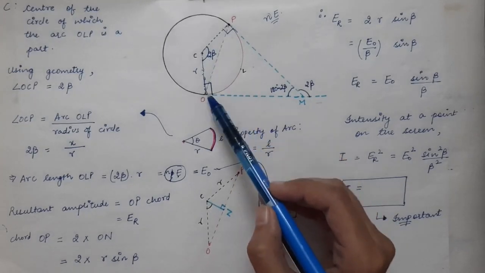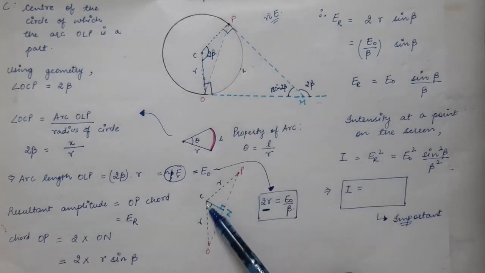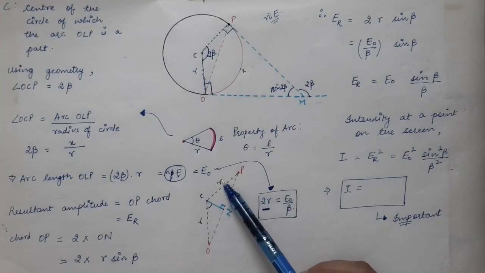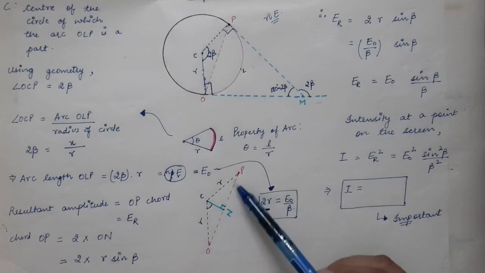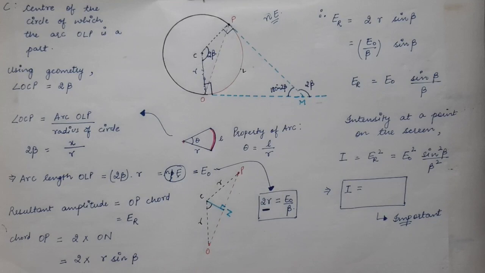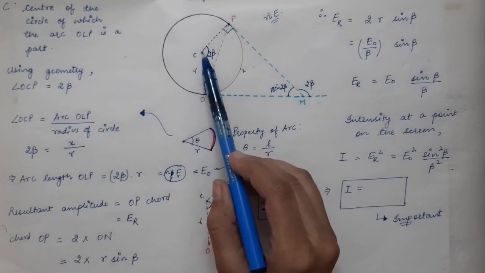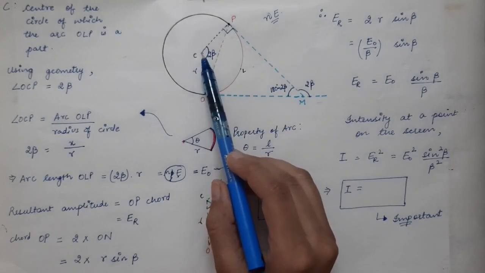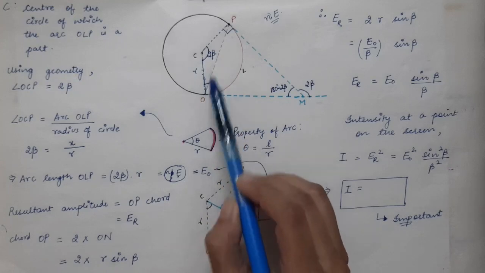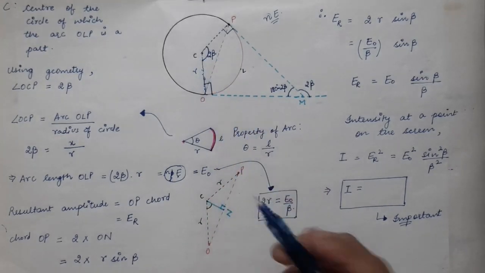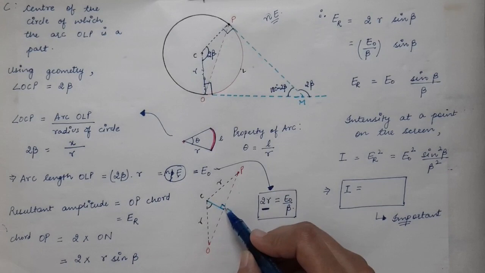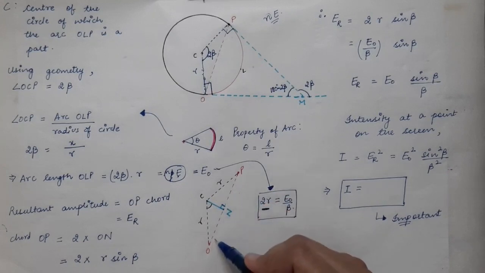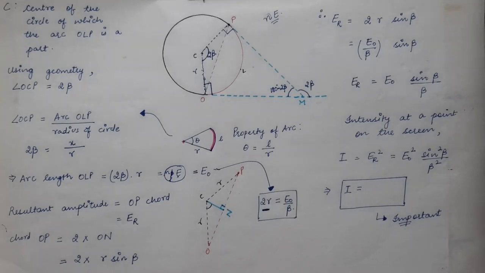The lengths CO and CP are nothing but the radius of the circle, and let's say that is small r. And OP is the length of the chord. First of all, we will draw a perpendicular from the center of the circle on this chord OP. That perpendicular will obviously cut the chord into two equal parts, meaning ON will be equal to NP.